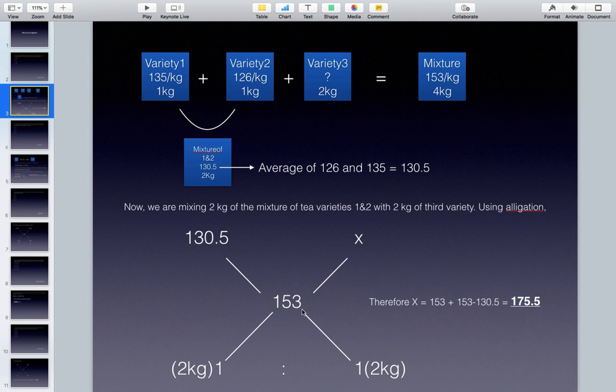What value we get here should be added to 153 to get the value of x. So x will be 153 plus 153 minus 130.5, which is 175.5. So the price of the third variety will be 175.5 per kg.